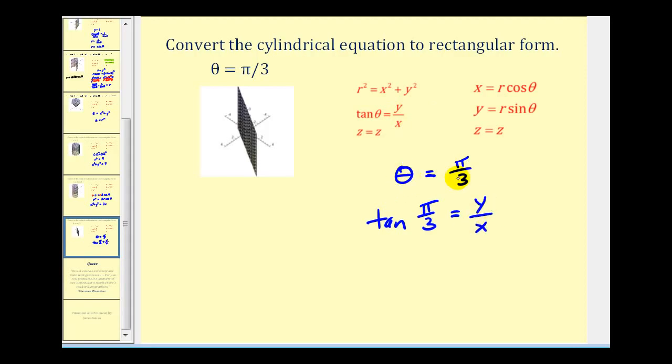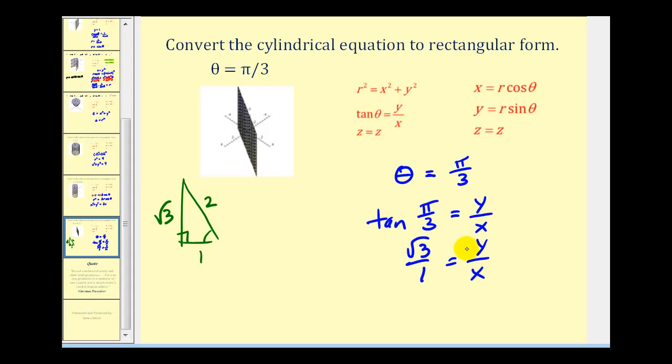So again, if they give us theta equals pi over 3, we can perform a substitution into this equation here. Now we can determine the function value of tangent pi over 3. This should remind you of a 30, 60, 90 right triangle. Here's the pi over 3 or 60 degree angle. So the ratio of the three sides would be 1 to square root 3. So the tangent of pi over 3 would be square root 3 over 1. So we have the square root 3 over 1 is equal to y over x.